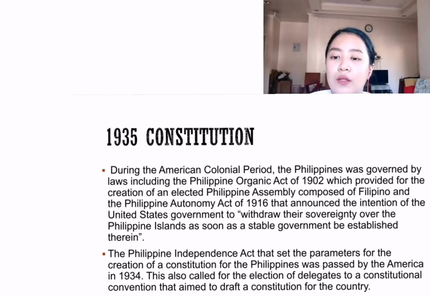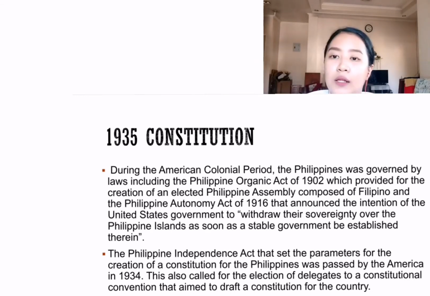Okay, it was in 1916 that the United States government announced the intention to withdraw their sovereignty over the Philippine Islands as soon as a stable government be established. So, in 1916, the American government announced that they will withdraw.